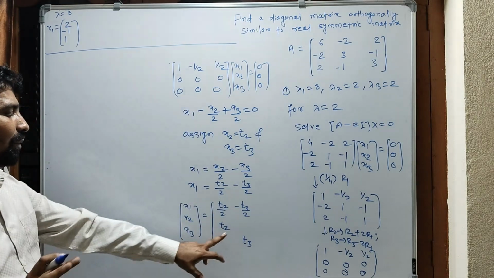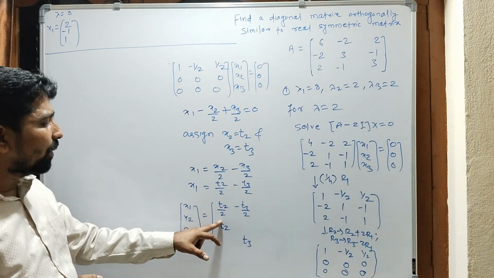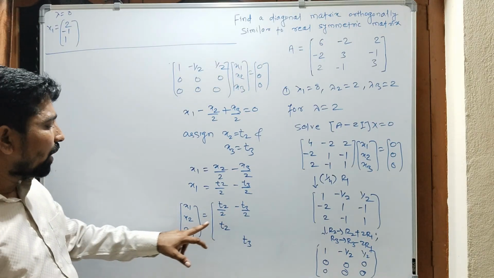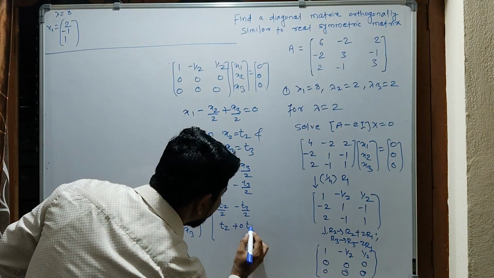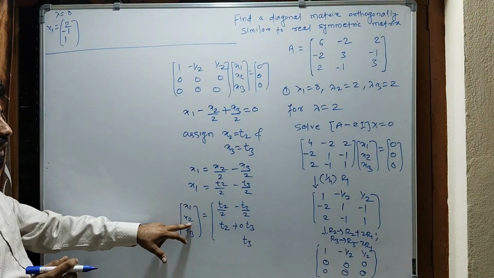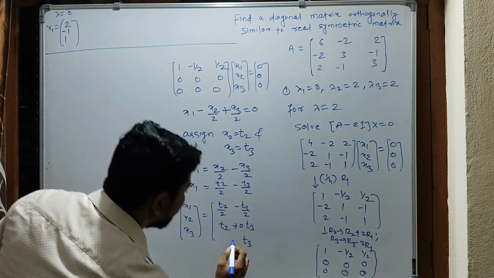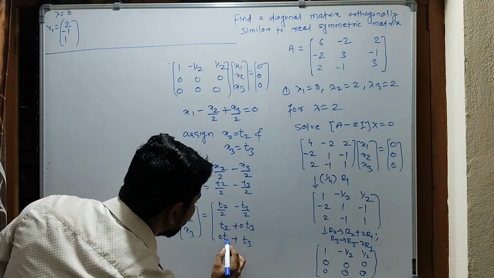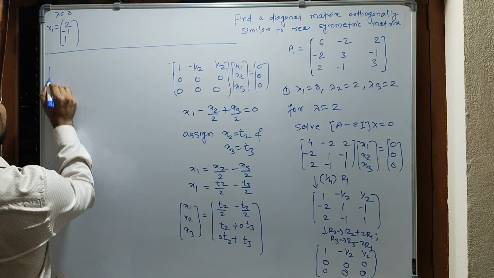So corresponding to x1, t2 by 2 minus t3 by 2; corresponding to x2 just t2, and I am writing 0 times t3; and x3 is just t3, so I am writing 0 times t2. I will write this column-wise.